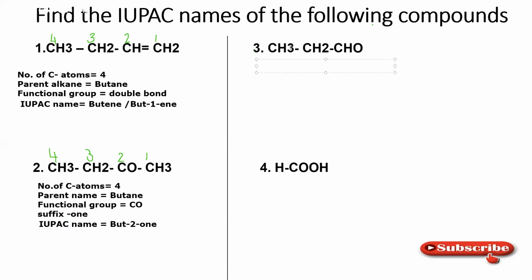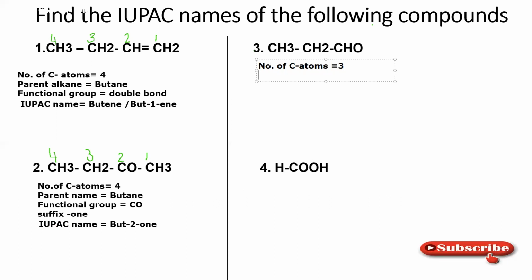Now let us solve the third question. CH3, CH2, CHO. CHO is the functional group and the number of carbon atoms is 3. What is the next step?